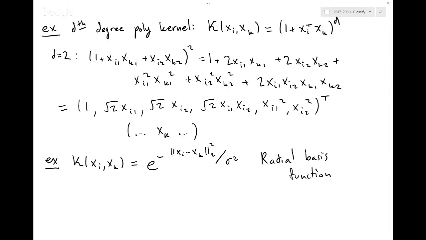So if you think of the radial basis function, if xi is exactly equal to xk, then the exponent is 0 and this is 1. And for any pair xi, xk, it's less than or equal to 1. So the radial basis function is largest at 1, and that's when they're exactly overlapping. But this is really a very general thing.